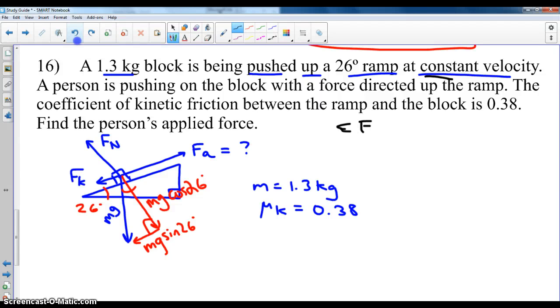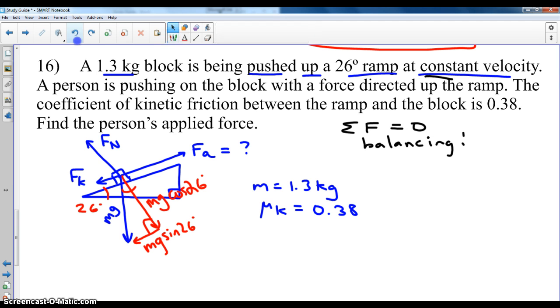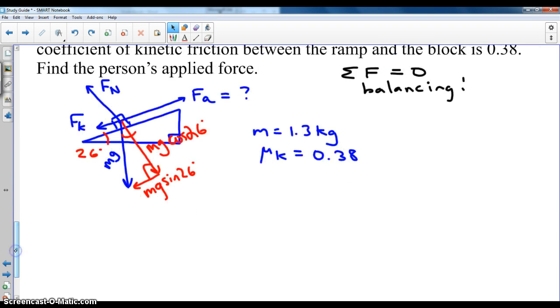Okay. Because we have constant velocity, total force is 0. Up balances down, left balances right. We have balancing of our forces. So how am I going to find the applied force? You can already see the way we find the applied force is by balancing the rightward forces with the leftward pointing forces.